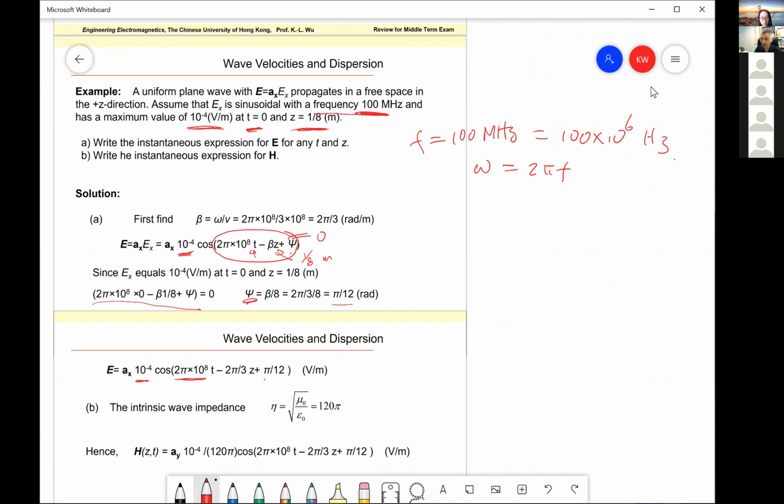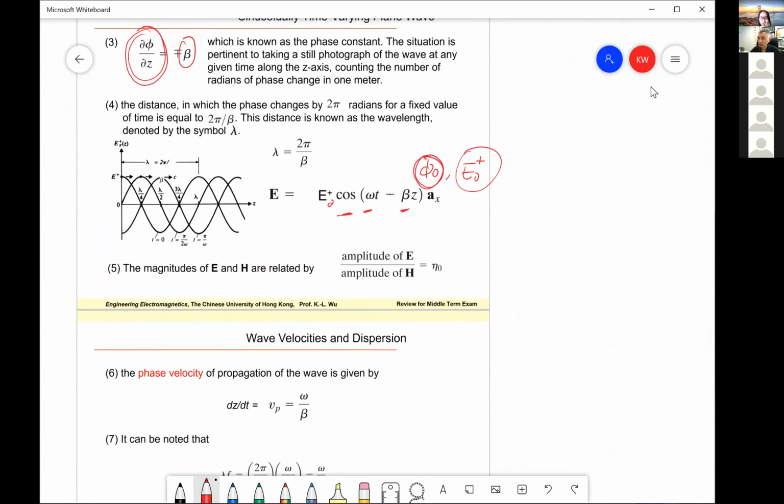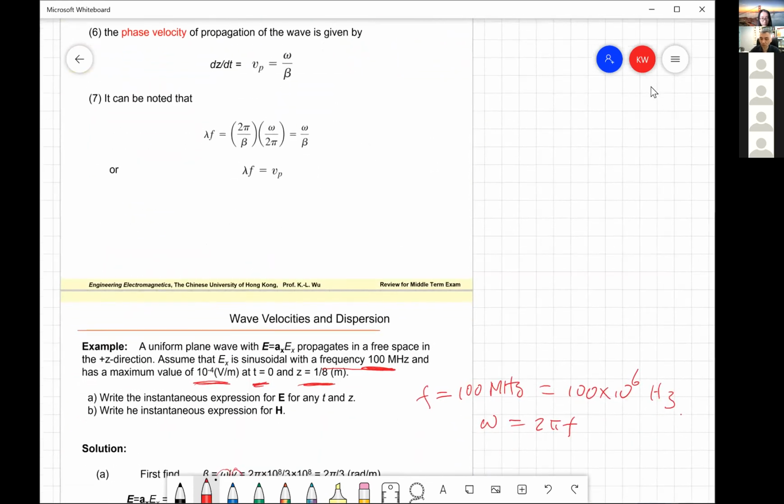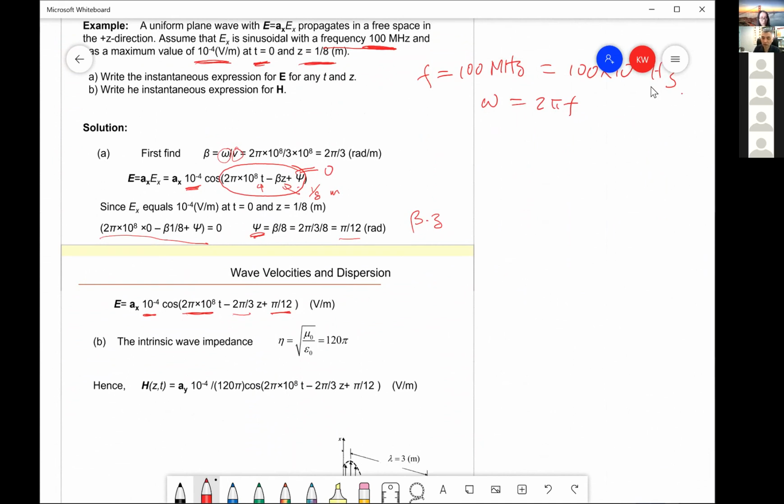And then from the velocity and omega, you can determine beta, which is always in front of variable z. Beta is the quantity in front of z. Then you have everything and you can write down the expression for the electrical field.